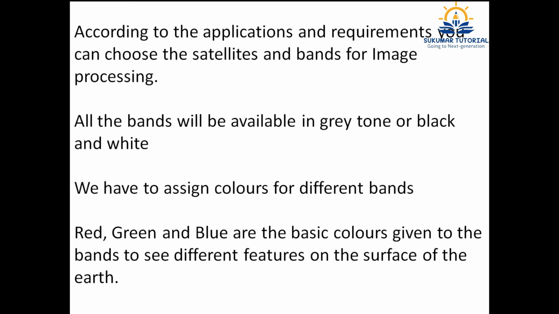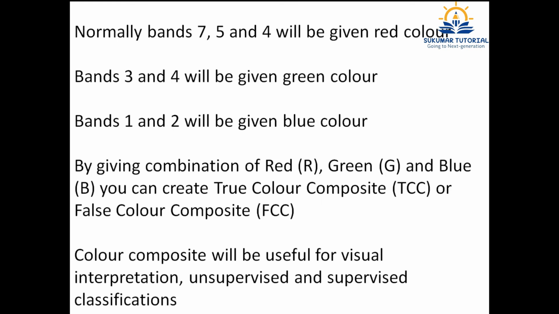All the bands will be available in grey tone or black and white only. We have to assign colors for different bands like red, green and blue. These are the basic colors given to the bands to see different features on the surface of the earth. Normally bands 7, 5 and 4 will be given red color.